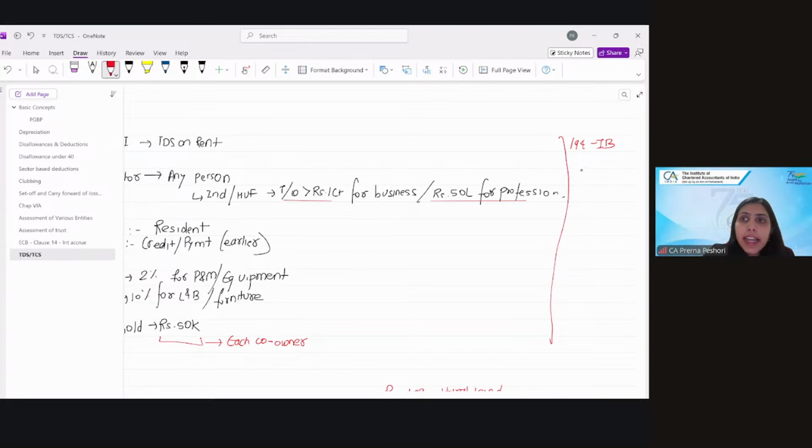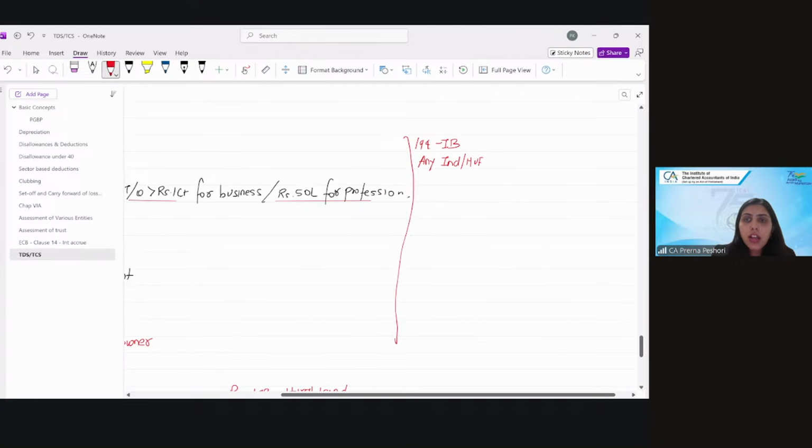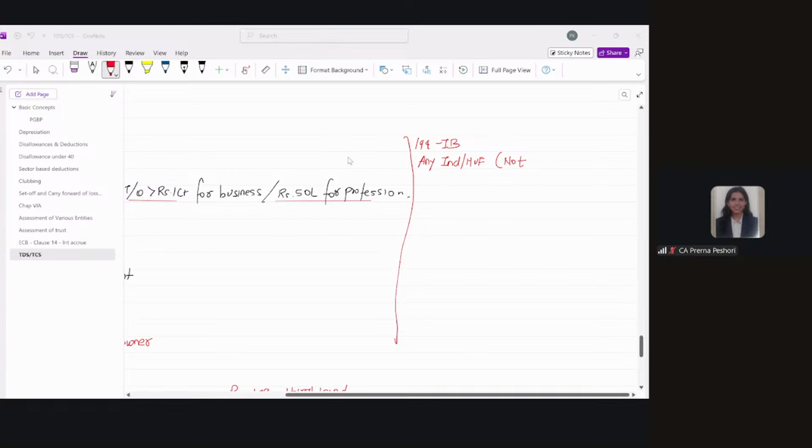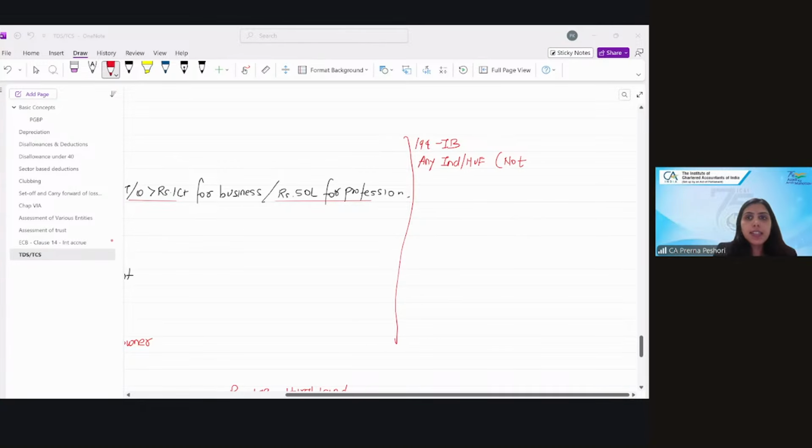So the payer is basically any individual or HUF not covered by 194I.